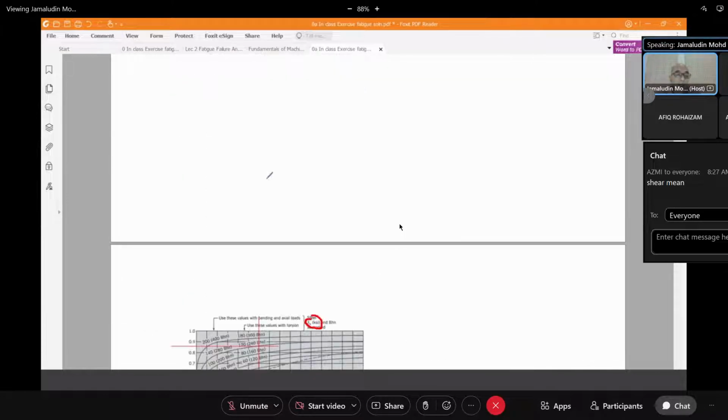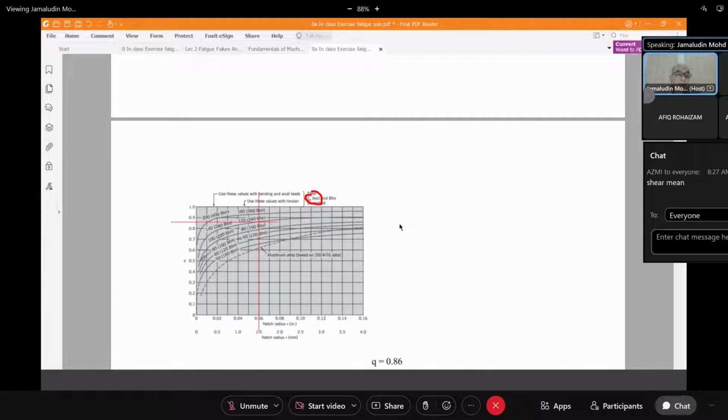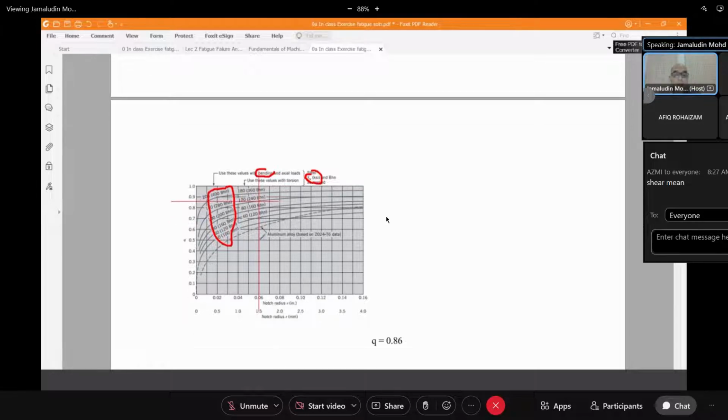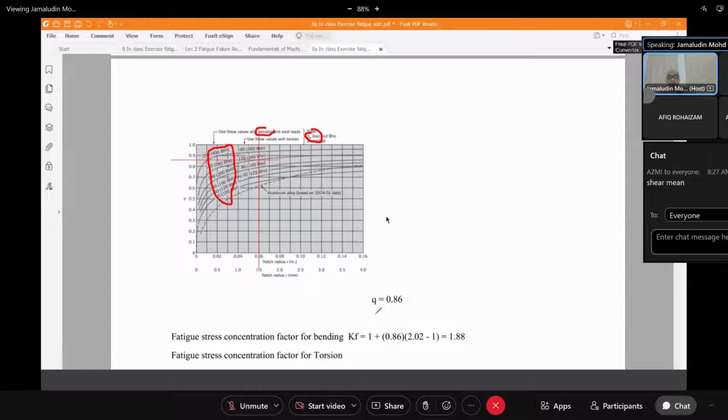That means for this figure, remember there are two here, there's bending here, and as a loading this will be shear. So the figure will be around here. With radius 1.5 and 140, we bring it back to here and get the value Q roughly 0.86. You might get 0.85 or 0.87, but not too far from this number.